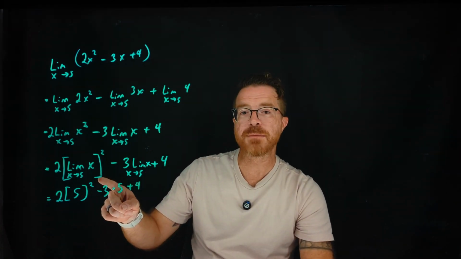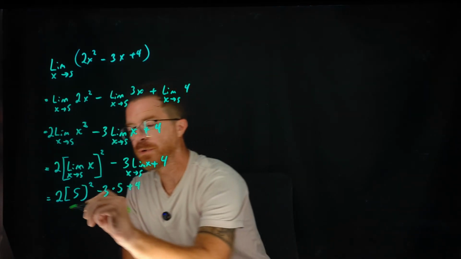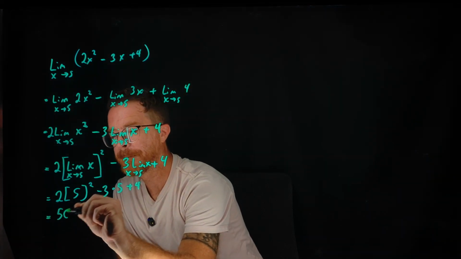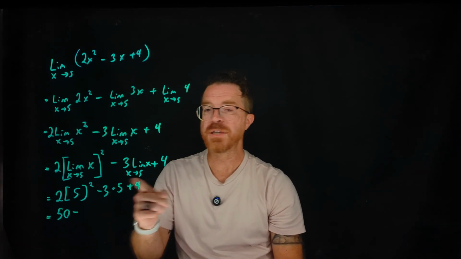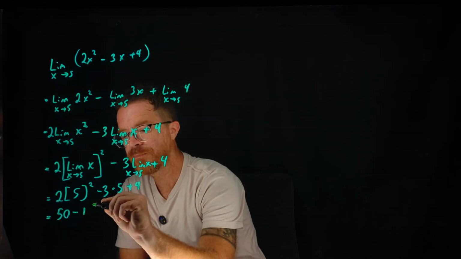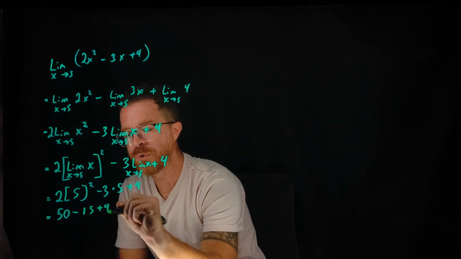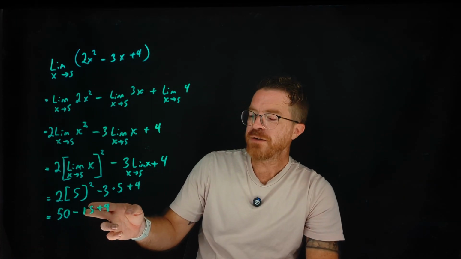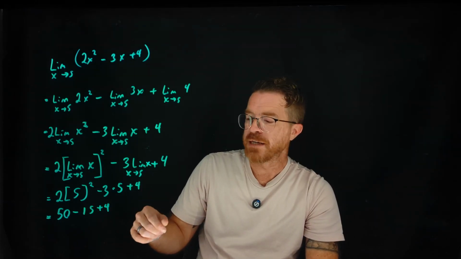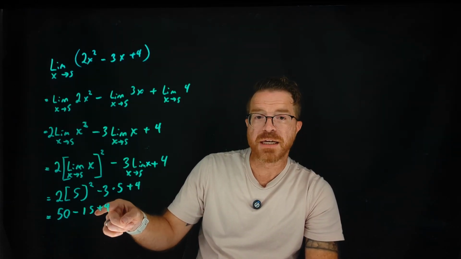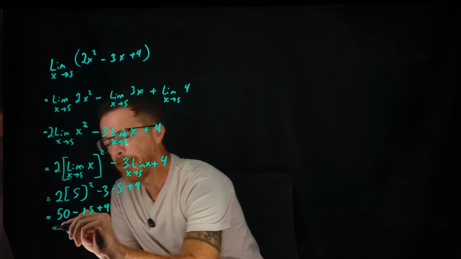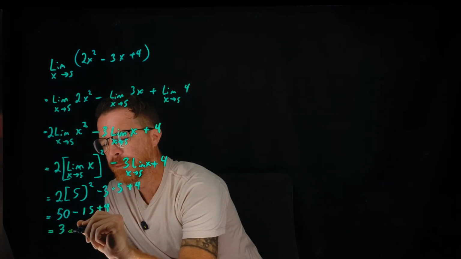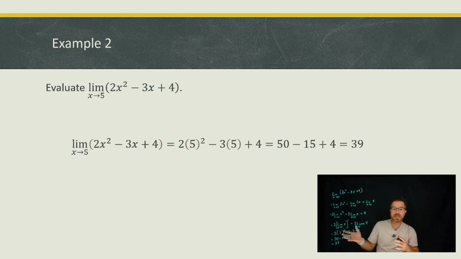So 5 squared is going to be 25. 25 times 2 is going to be equal to 50, minus 3 times 5 is going to be 15, plus 4. So negative 15 plus 4 is the same thing as saying negative 11. 50 minus negative 11 is going to give us 39. And then looking here at the slides, you can see that this agrees with exactly what we did.